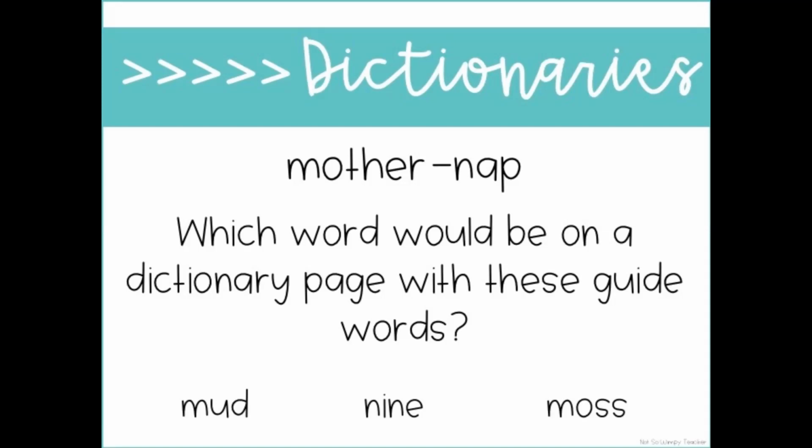Well, let's look at those first three letters again. They both have M-O, so M-O cancels each other out, but then we have a T and an S. So which one comes first, T or S? Yes, S would come first. So moss would have to come before mother. So the only word that you would find on this dictionary page here would be mud.